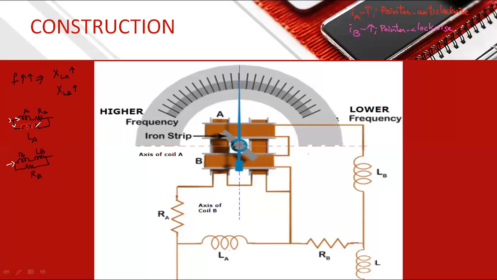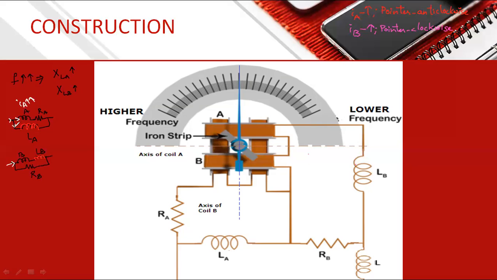This is having high impedance. Here we have high impedance at LB. So we know that current flows through the low impedance path and hence more current will flow through the A path, coil A, instead of B here. So we see that current through coil A is more.